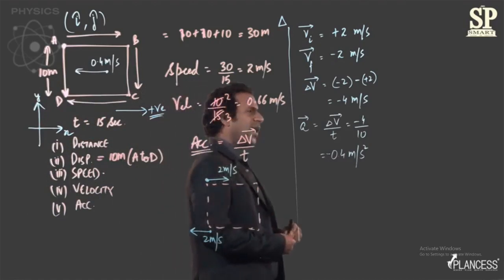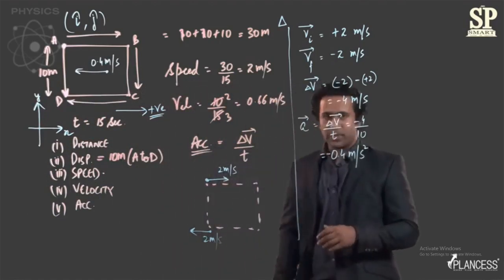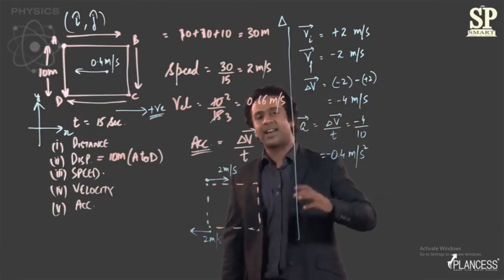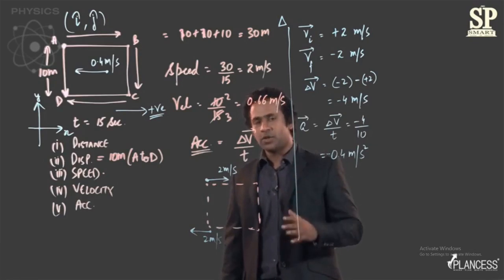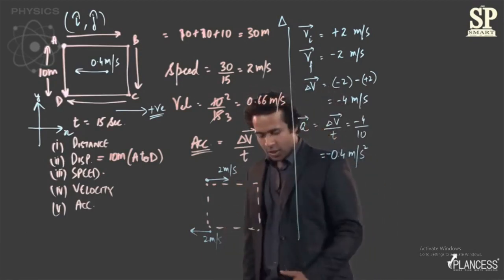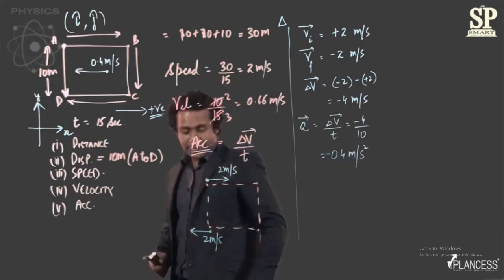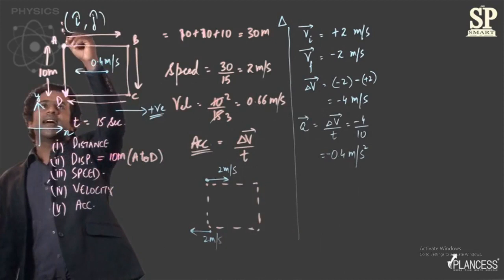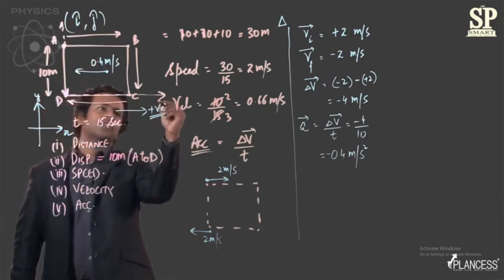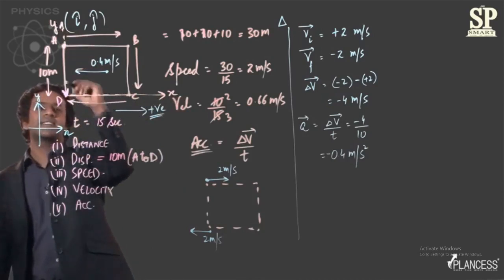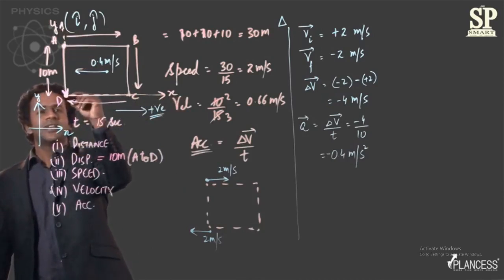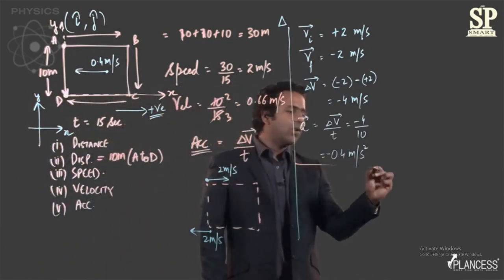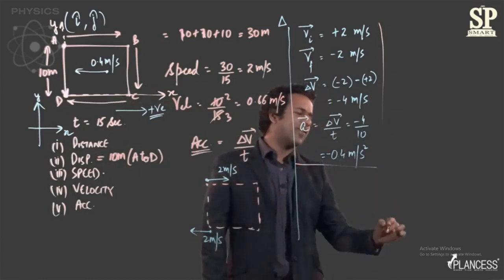Right. Now let's solve the very same problem, but this time we'll initially assign our coordinate axis and then write everything in terms of vectors. Let's say that we draw a coordinate axis such that the origin is at point D. So this is the x-axis, this is the y-axis, and the origin is at point D. If that is the case, we know that since distance is scalar, its value will not change.